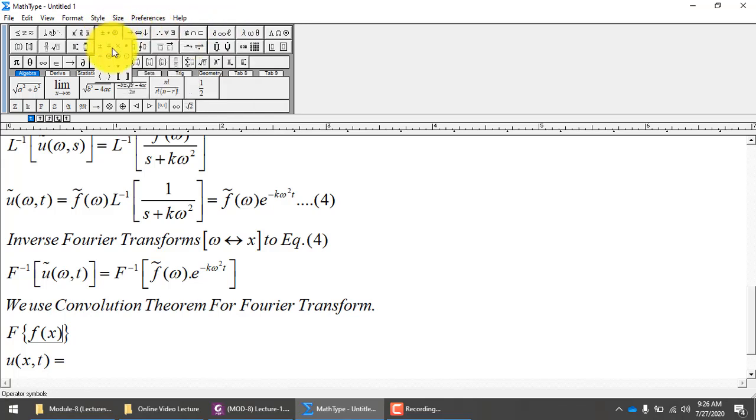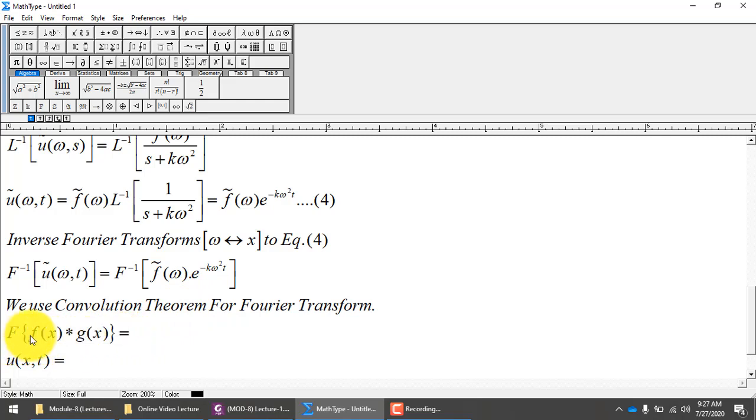F of x star g of x, star means convolution, you remember from the previous semester, or if you don't remember you can also see the Debnath book or the Zill book which we discussed in the previous semester.